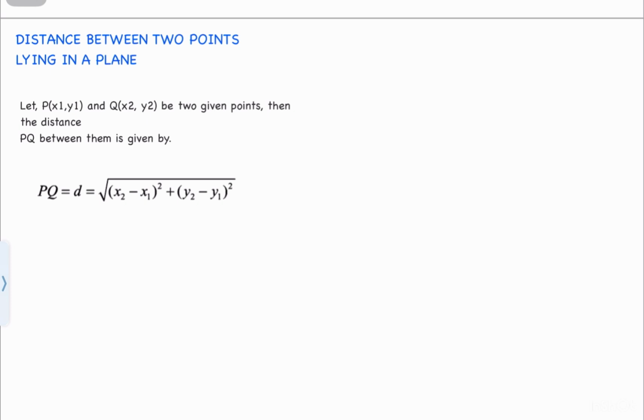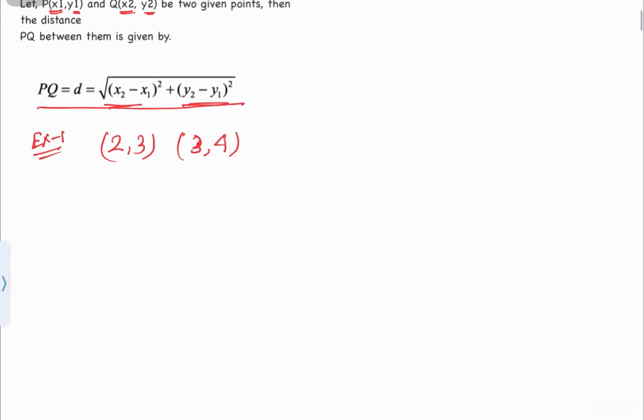Look here at the formula: the square root of (x2 minus x1) squared plus (y2 minus y1) squared. For example, I give the first point 2 comma 3 and the second point 3 comma 4. What will be the distance between these two points?